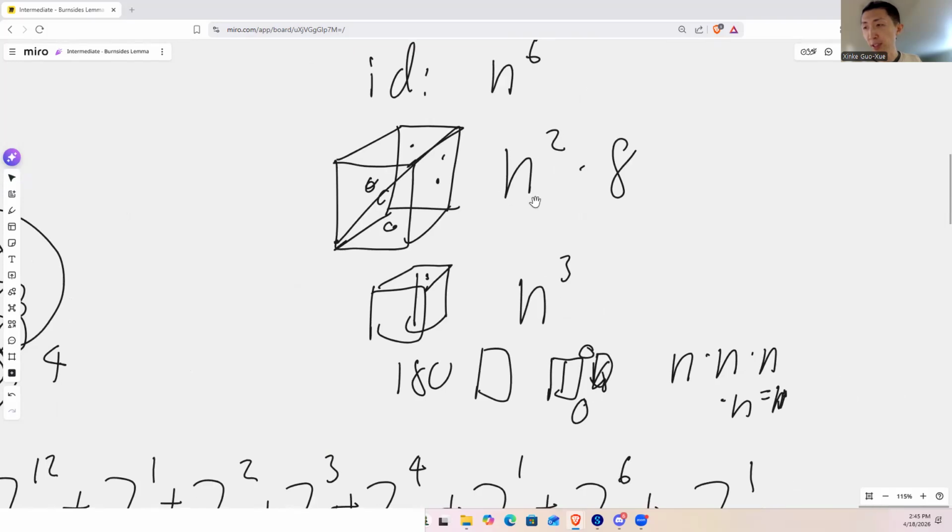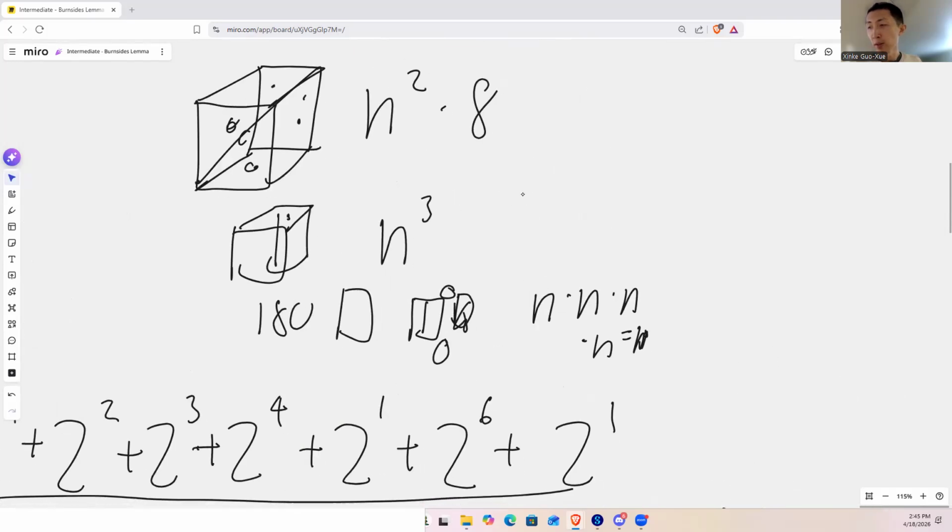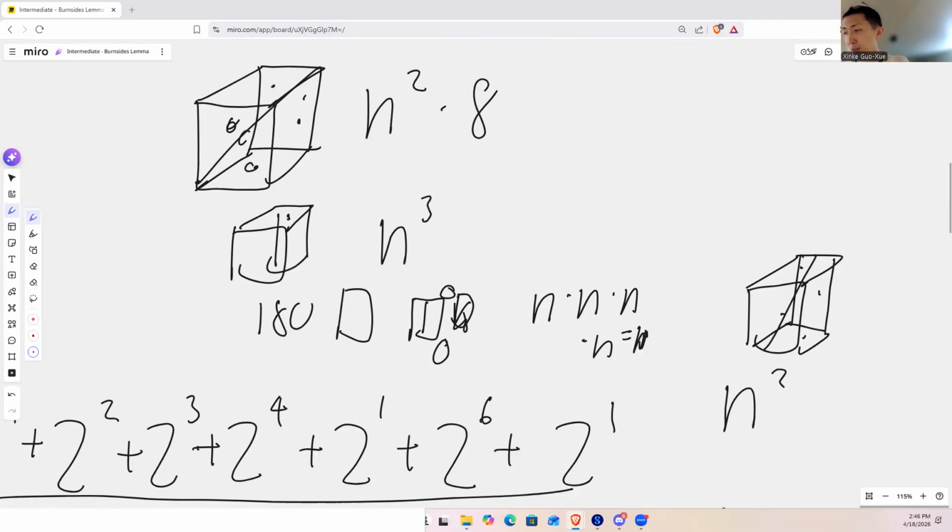What if we rotate about the midpoint of opposite edges? Let's think about this. Now the top and the back are the same, the front and the bottom are the same, and the left and the right are the same. So n cubed.